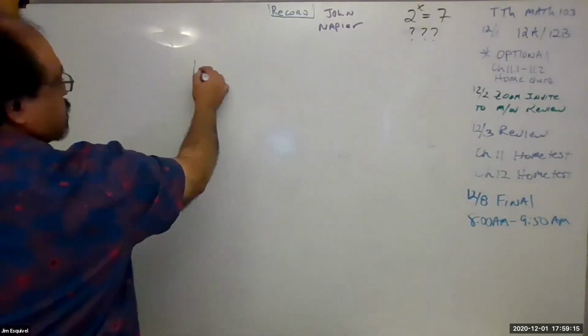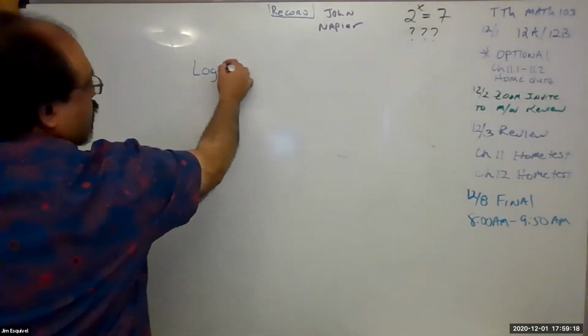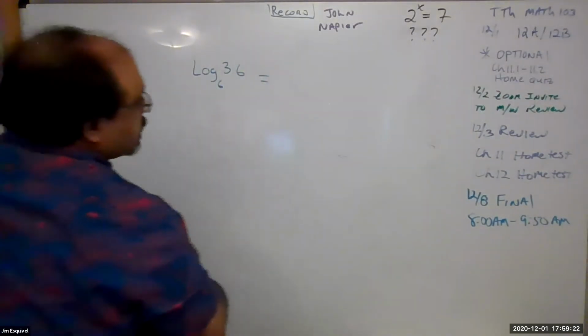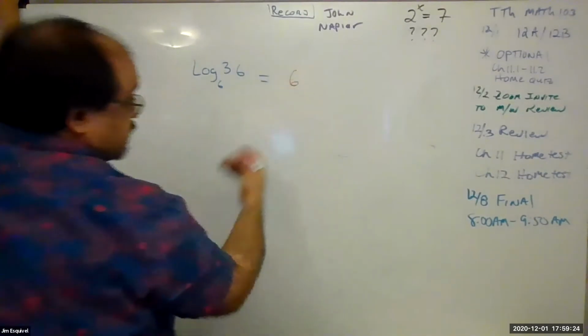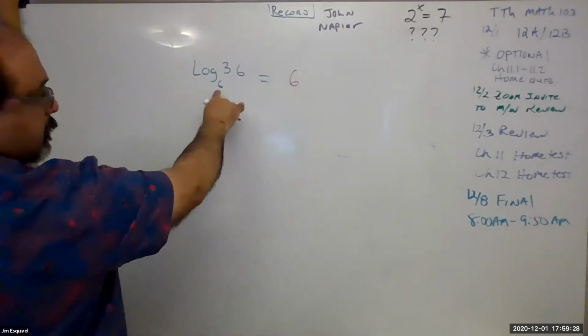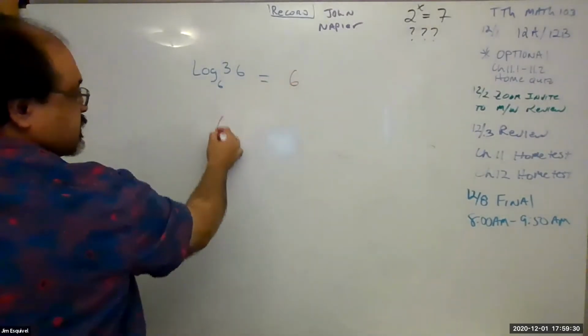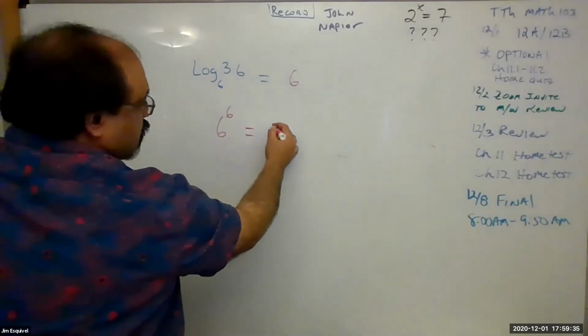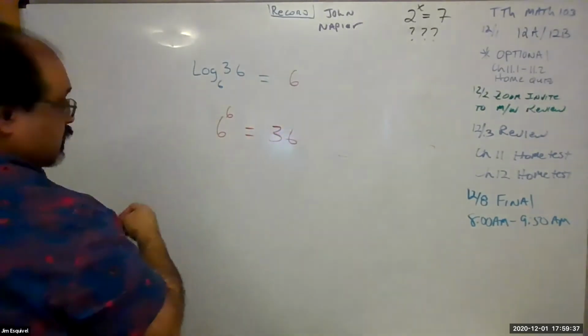Log base 6 of 36. So you say 6. Let's test it. If we test the whole proposition, base to the across, 6 to the 6th power equals what's inside, 36.